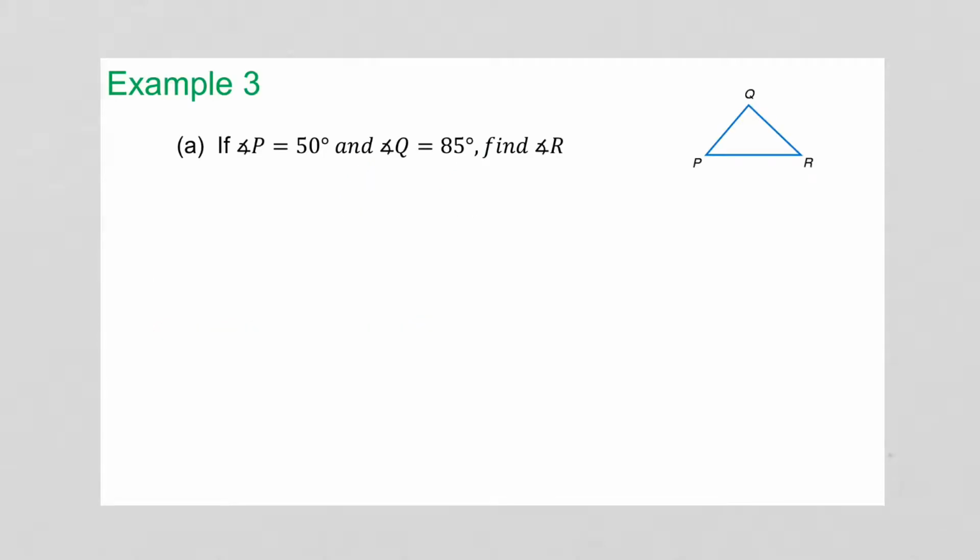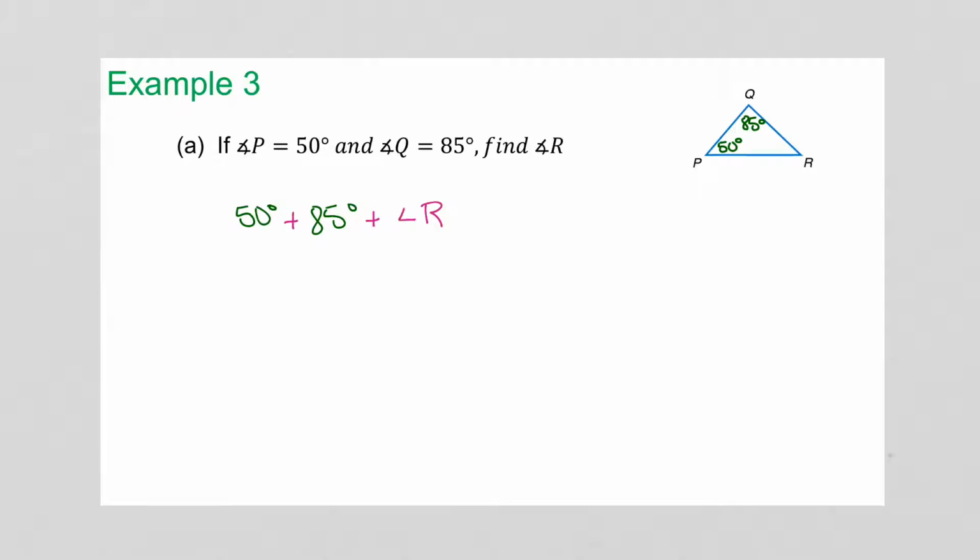Example 3 says, if angle P is 50 degrees and angle Q is 85 degrees, find angle R. So we would take 50 degrees plus 85 degrees plus angle R, and I'm not going to put the little slash through it, I'm just going to draw it like that.